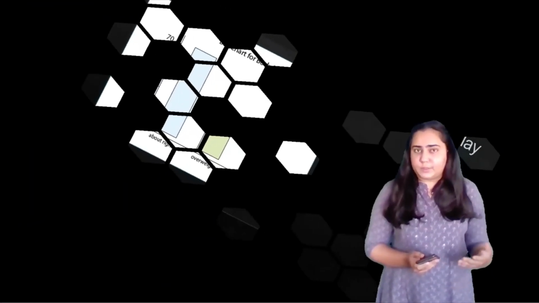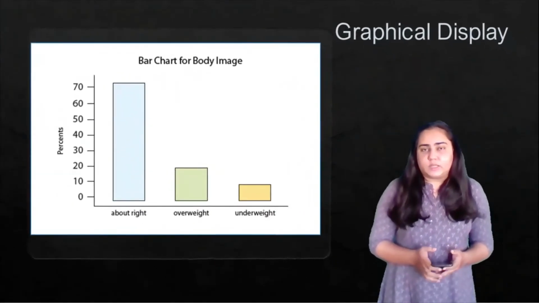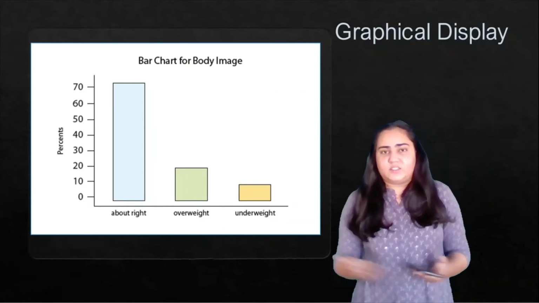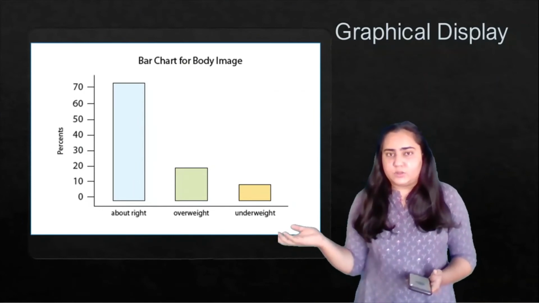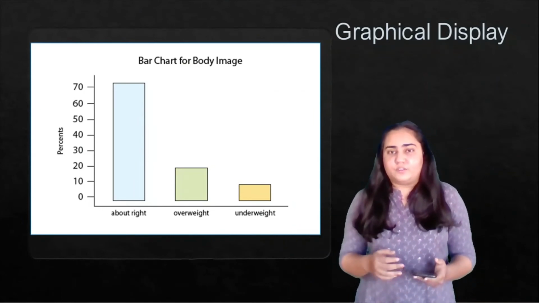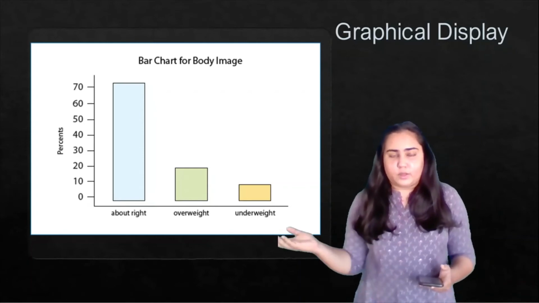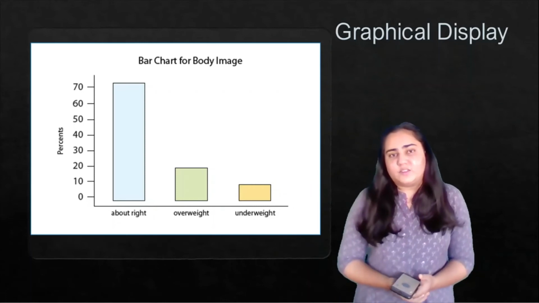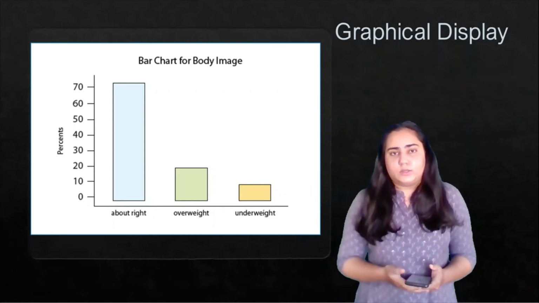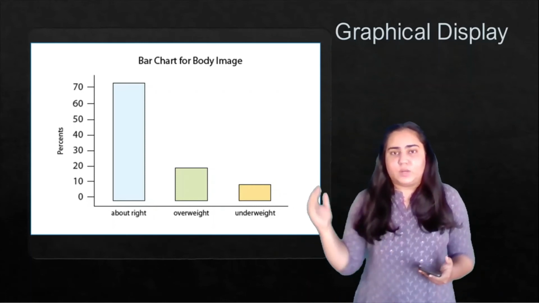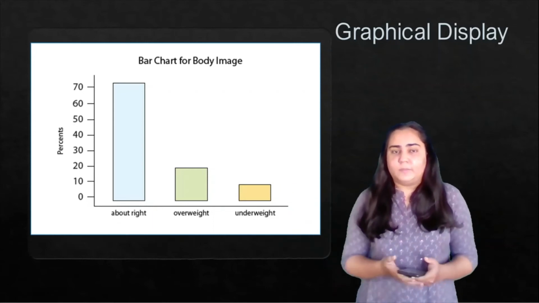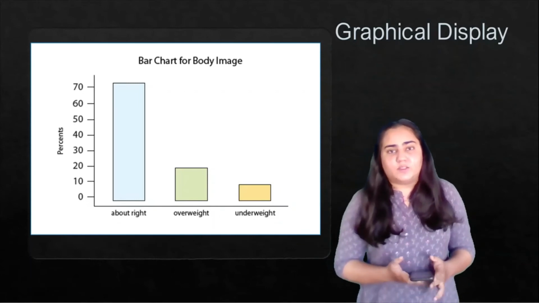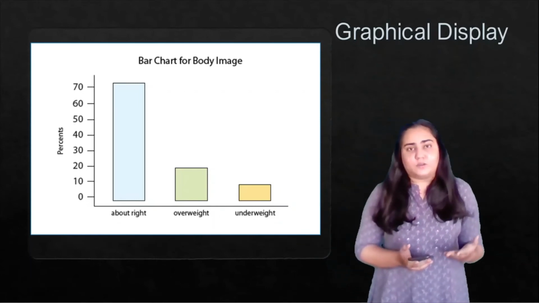You could also depict this type of data using a bar chart. So this is a bar chart, and it's very simple. You've just mentioned on the x-axis all the different categories of students, and on the y-axis you've mentioned the percentage. Based on that percentage you have marked these bars, and obviously the blue one is the highest because those are the people who think that their weight is about right.